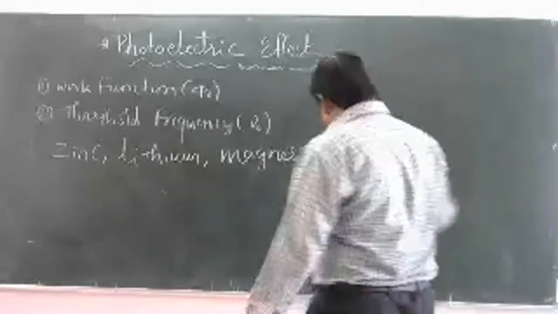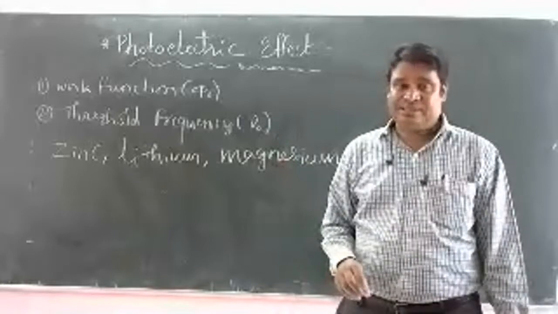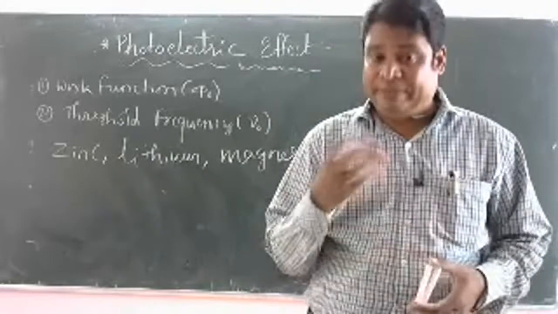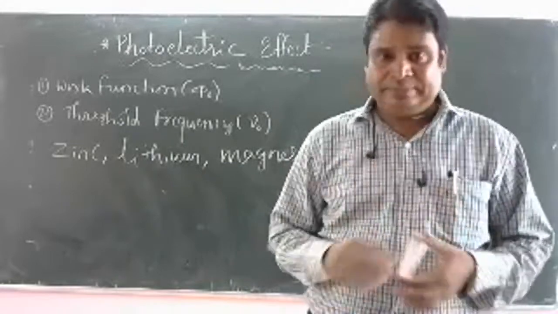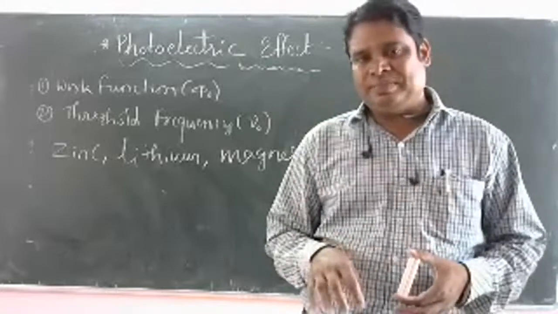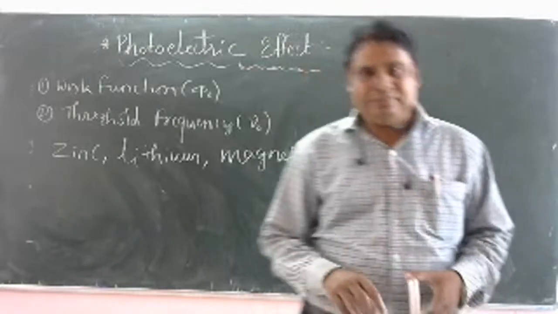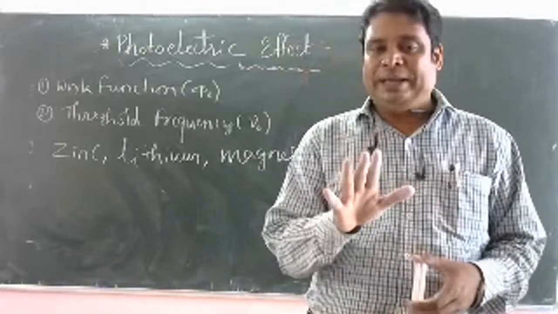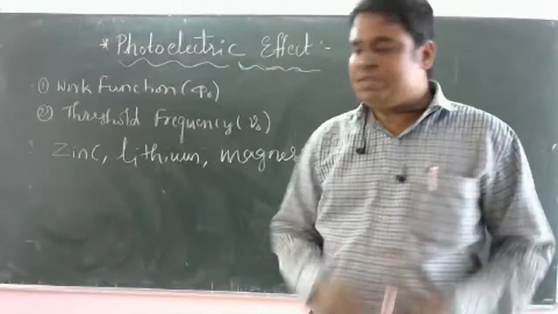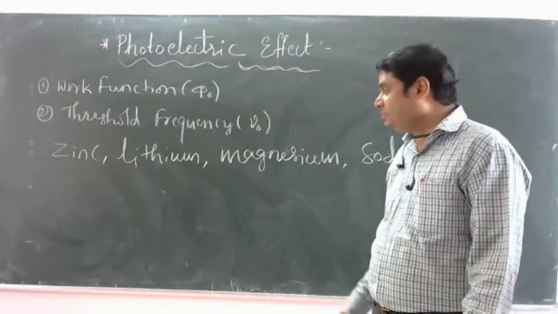These are some good examples of metals which easily undergo the photoelectric effect, where the energy required to remove electrons from the metal surface is small. Or simply, the work function for these metals is less.